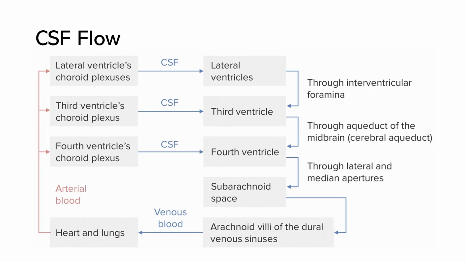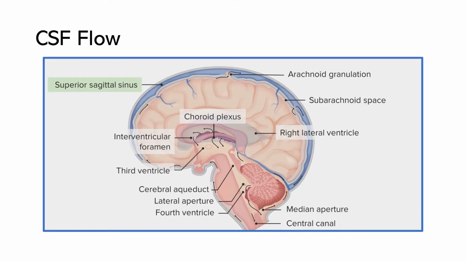Reabsorption is equal to production by the choroid plexuses so that the pressure of the cerebrospinal fluid is constant. Once it is reabsorbed, the cerebrospinal fluid goes into the venous blood, where it then returns to the heart and eventually goes through circulation. And after that, arterial blood returns back to the brain, and then we start the process all over again at the choroid plexuses.